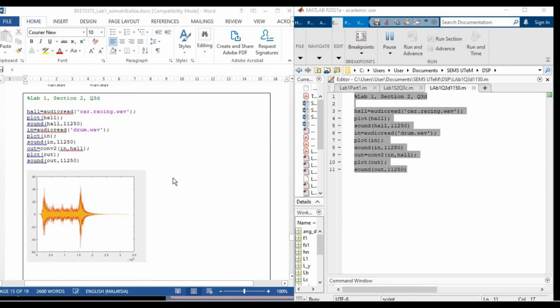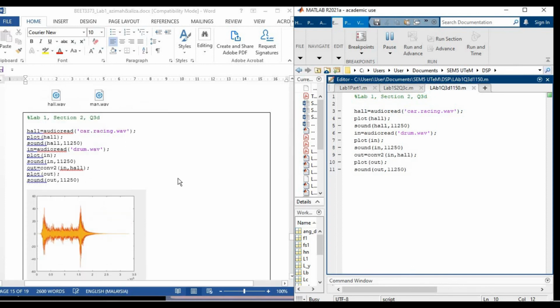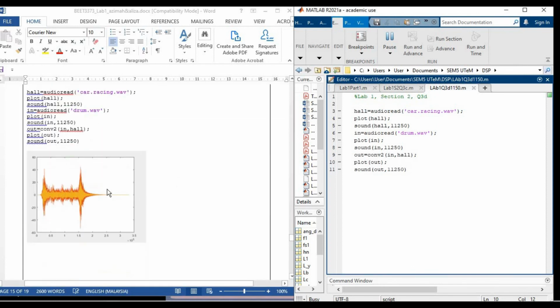Okay, as you can hear the sound of a car, racing car and drum. So this is the graph we get.